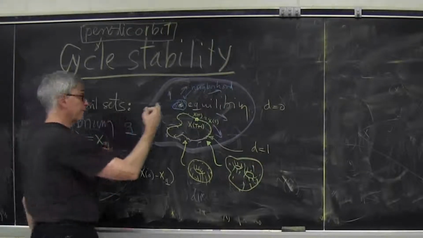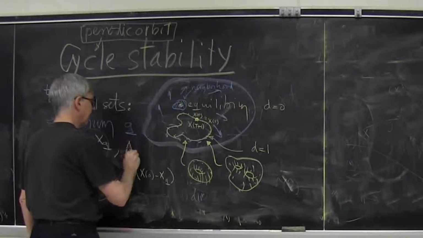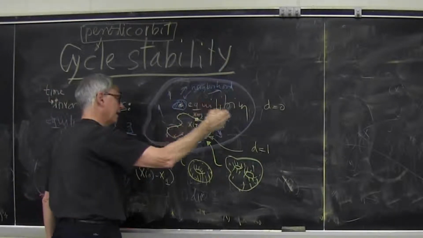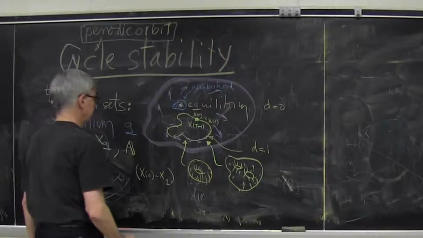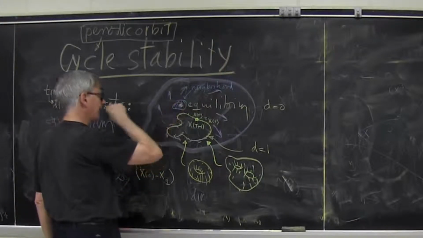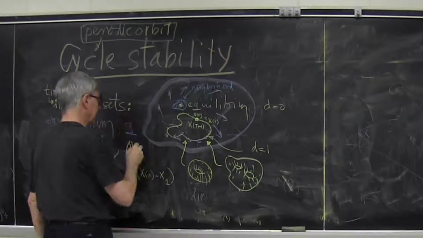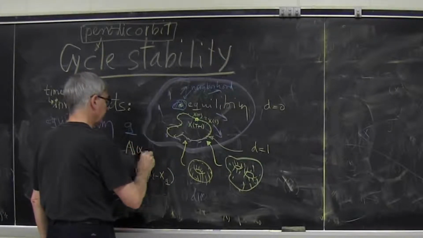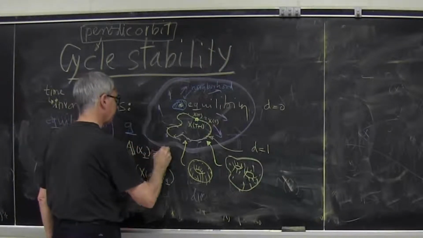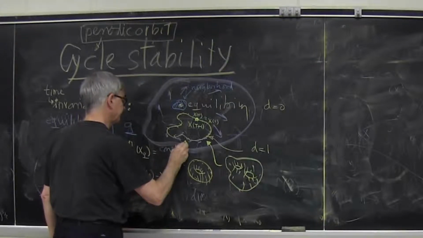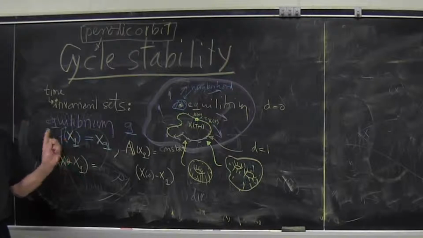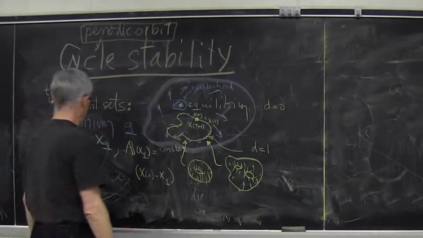And now, because this is an equilibrium, the matrix, which is the gradient of the velocity field evaluated at this point, A, is also just a function of the point, and it's constant. Do you agree with me? The matrix of velocity, okay.